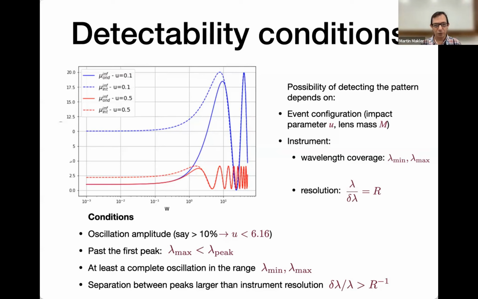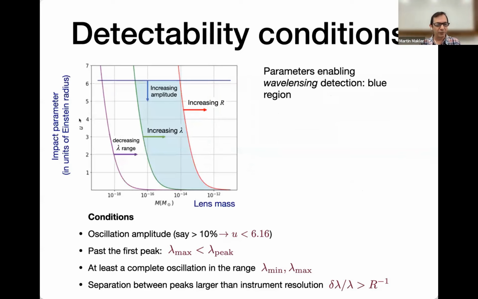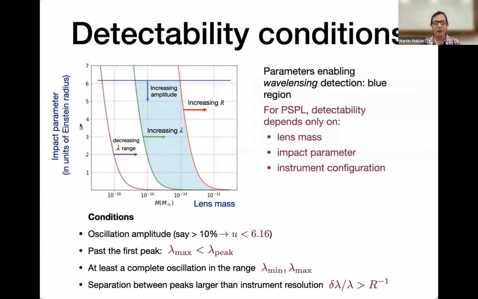With this set of four conditions, we impose constraints on this parameter space of mass and impact parameter, which of course depends on the instrument. In the case of point source, point lens, this depends only on the lens mass and the impact parameter, once the instrument configuration is fixed.